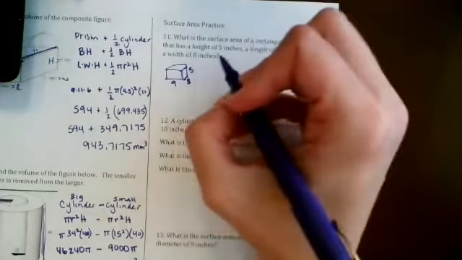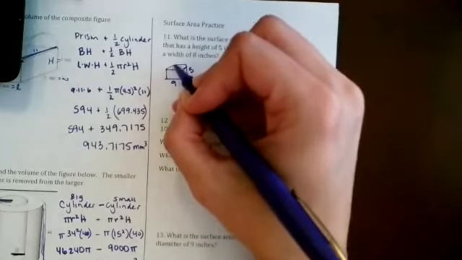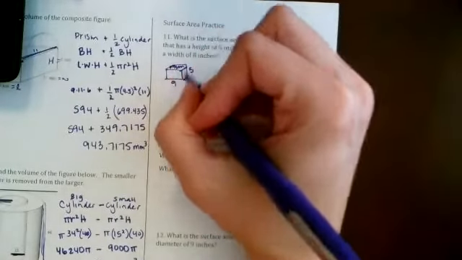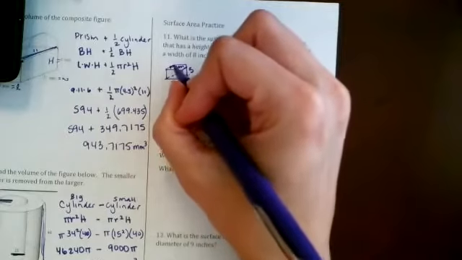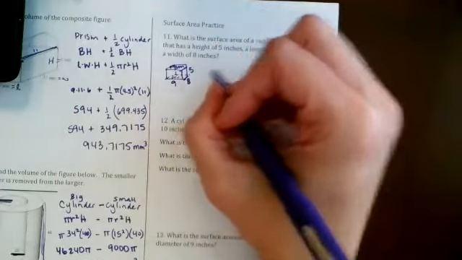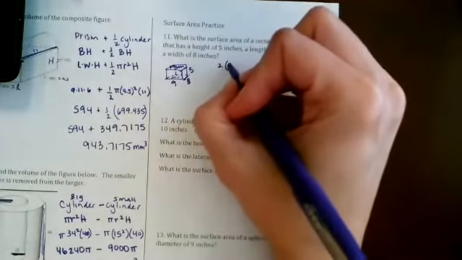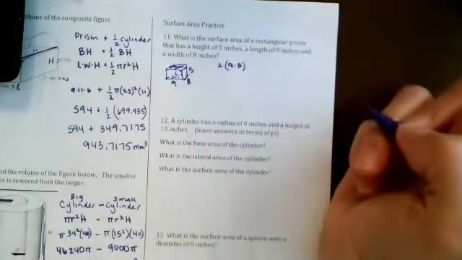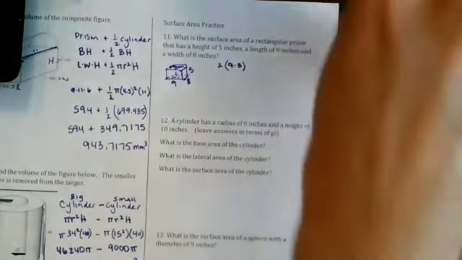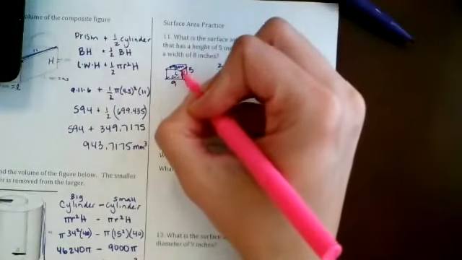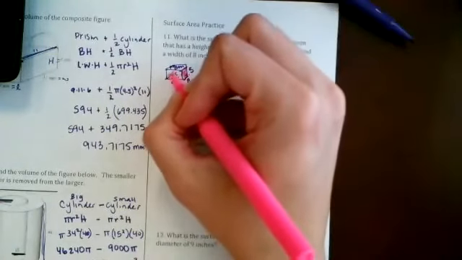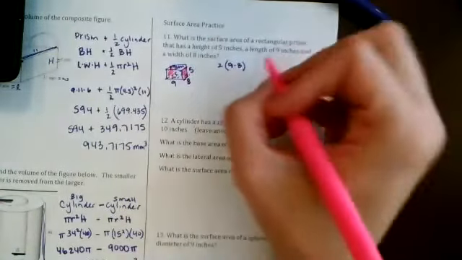So if you look at this, the bottom and the top, so this one and the one that's on the bottom down here would both be 9 by 8. I have two bases that are 9 times 8. This space on the side here would be the same as this space over here.